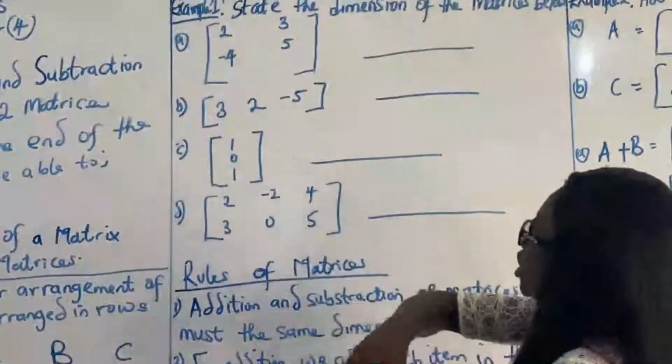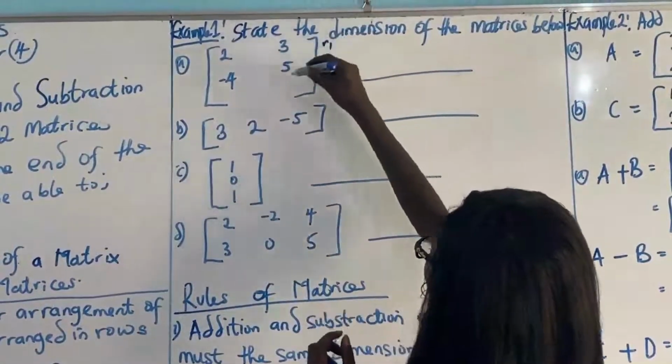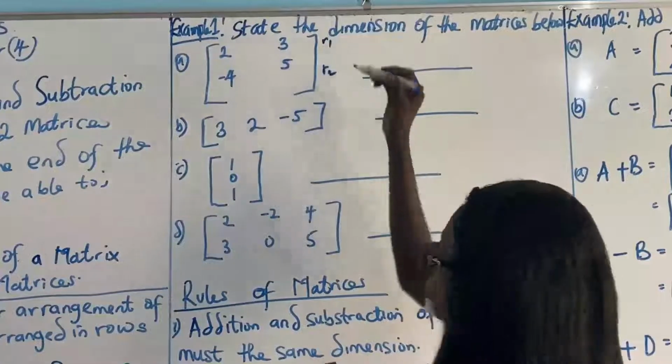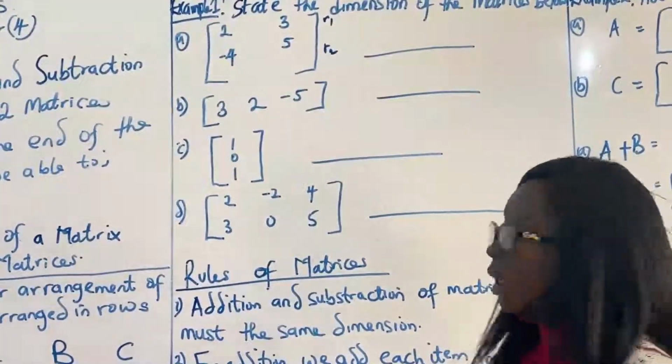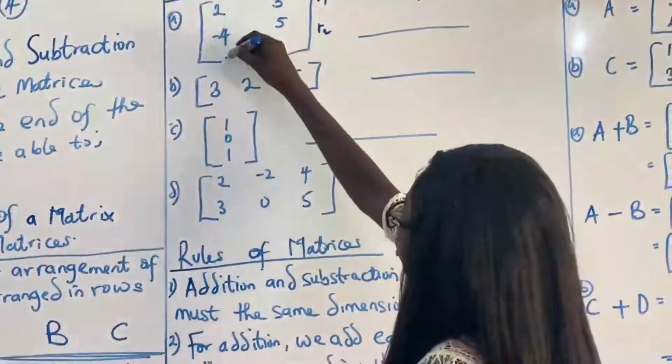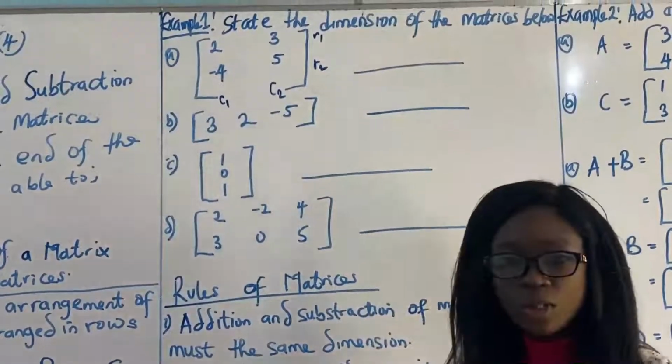So let's see this one. Now I want to state the dimension of this matrix. Here I have row 1, and here I have row 2. That means 2 rows. Okay? Now let's see the number of columns. Here straight I have column 1. Here I have column 2. That is 2 columns.